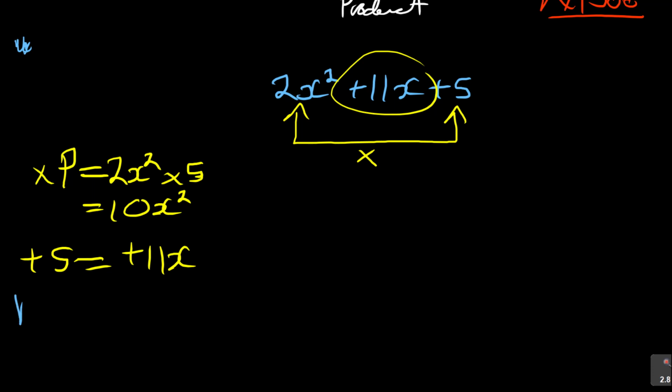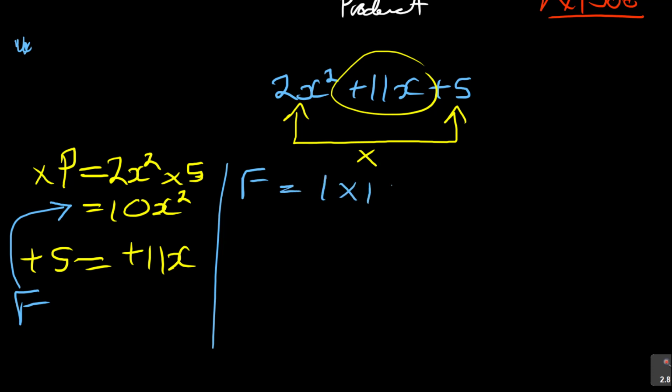Now I'm looking for the factors. The factors of what? Of the product. Factors of 10. It's always factors of the product. So factors of 10 is equal to 1 times 10, which is equal to 2 times 5, and then we don't have any. Those are the factors of 10.